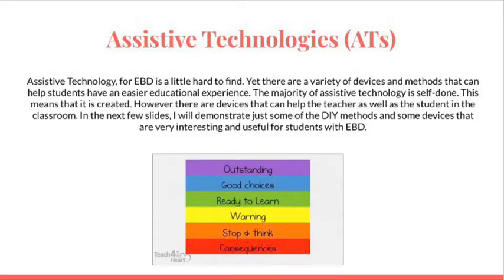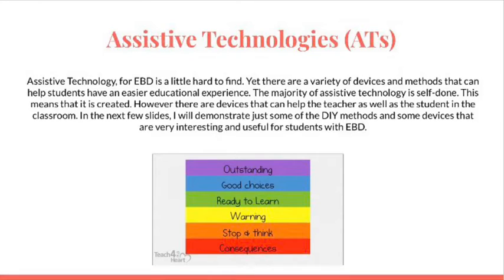So when starting this project, I came to a realization that finding assistive technology for EBD is a little hard, but I was able to find a variety of devices and methods that can help students have an easier educational experience.